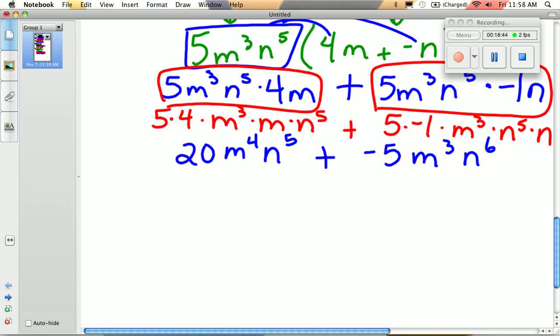Are they like terms? Do they match? No, they don't. So now I'm going to just clean this up, right? 20m to the fourth, n to the fifth, take away 5m cubed, n to the sixth.